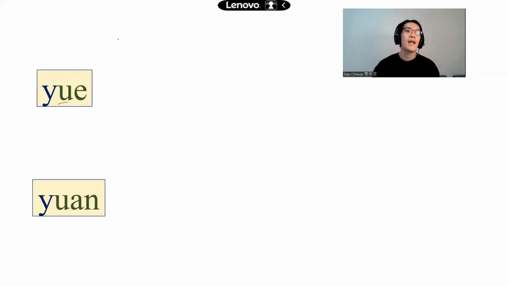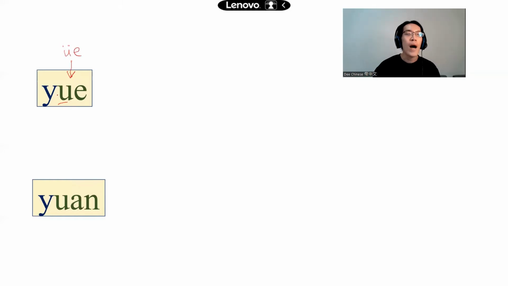Next one, let's take a look. When y is combined with another final sound, how can we pronounce it? The first one, y and ue. Remember, the ue comes from the u with 2 points.